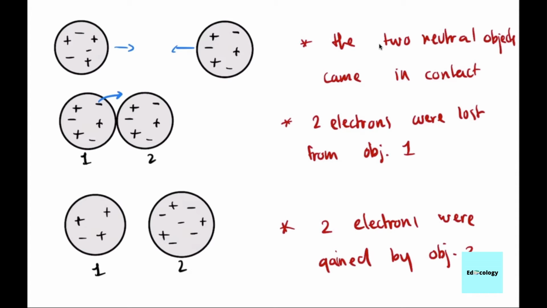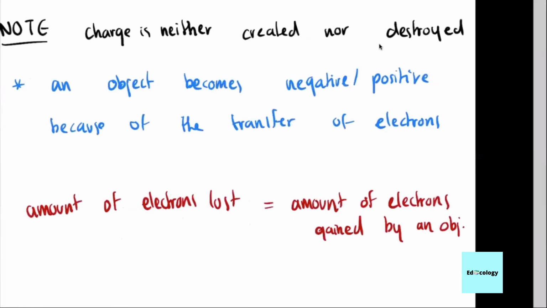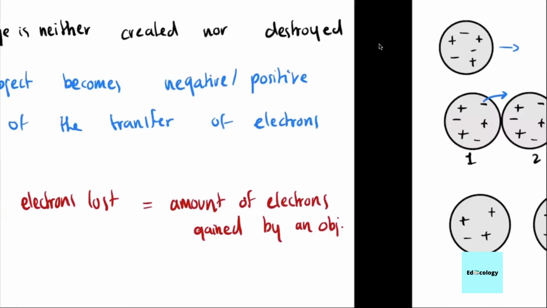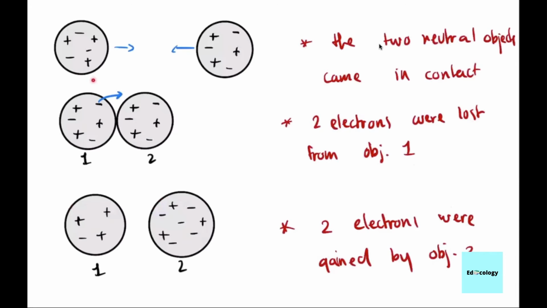So here, this is an example of what I meant: the amount of electrons lost is equal to the amount of electrons gained by an object. Here you have two objects, object number 1 and object number 2. They are both neutral. When these two come in contact, one of them will lose electrons, and the object that gained the electrons will become negatively charged.